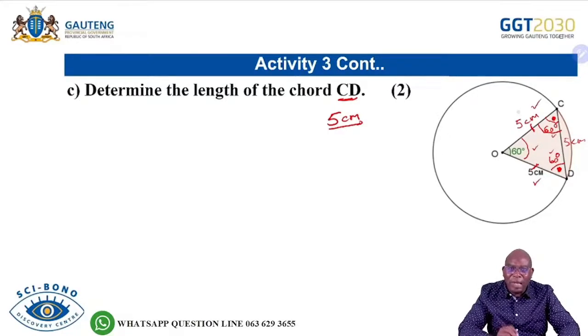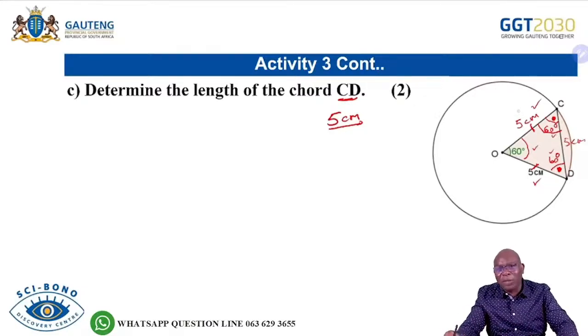In an equilateral triangle, all sides are equal. All angles are equal. Therefore, side CD will be 5 centimeters. Okay. So we did not need a formula to do that. We just needed to look at that question and apply our Euclidean geometry knowledge to do that question.